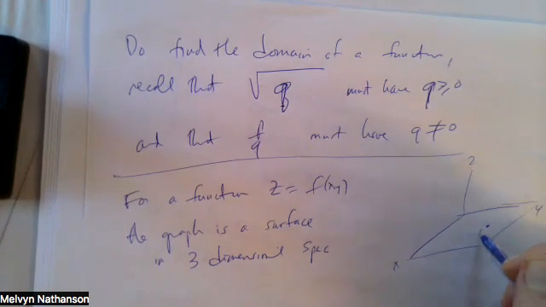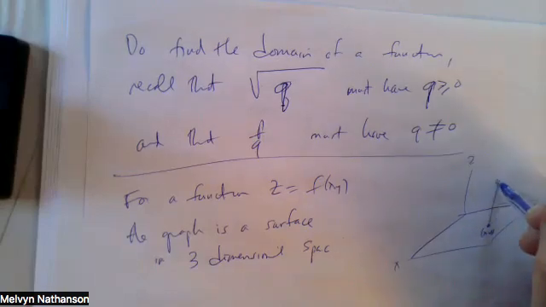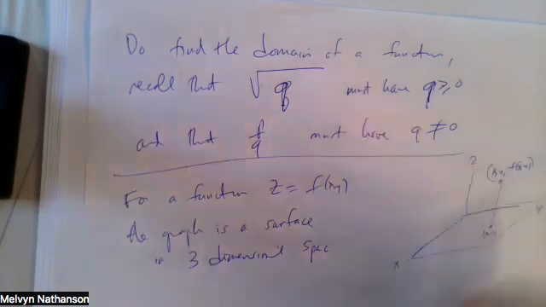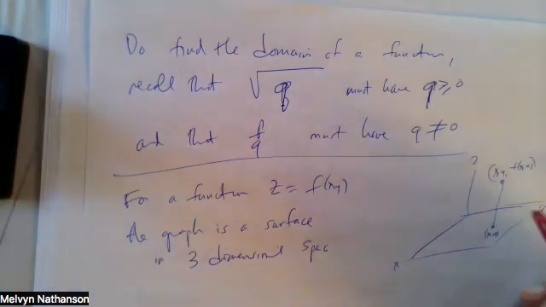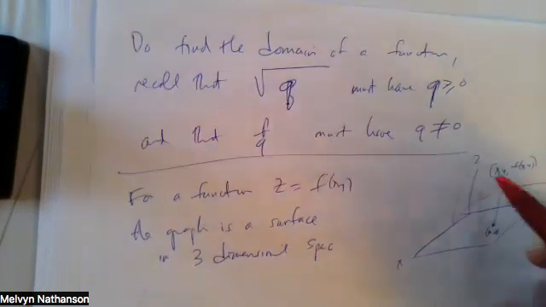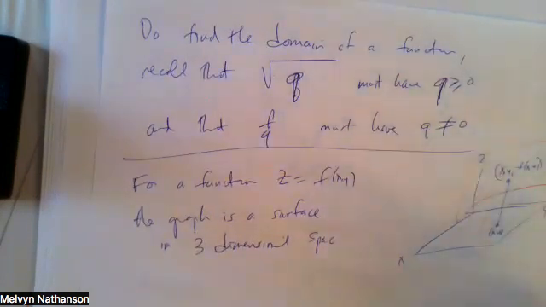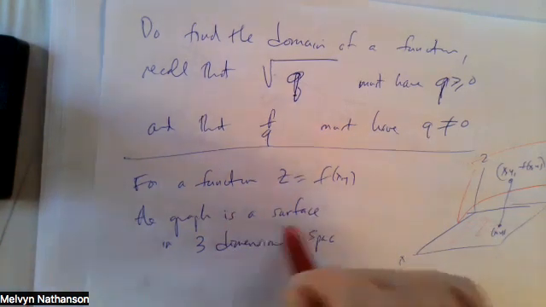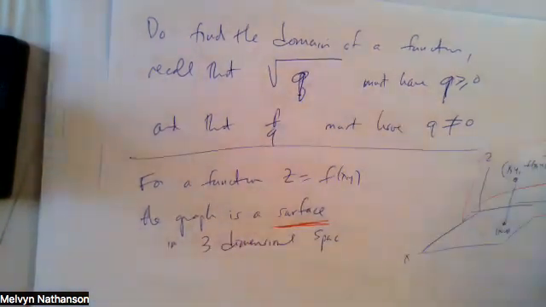For any point x, y, f of x, y is some number, so you look at the point x, y, and the z coordinate is f of x, y. And over whatever is the domain of the function, this will sketch out some surface in three-dimensional space. So the graph of a two-variable function is a surface.